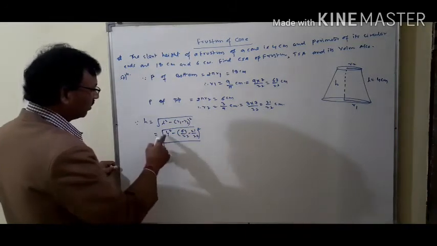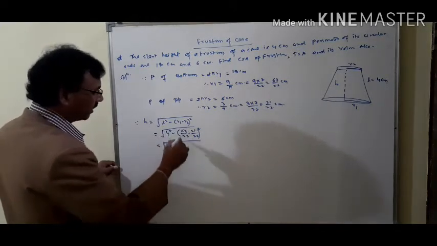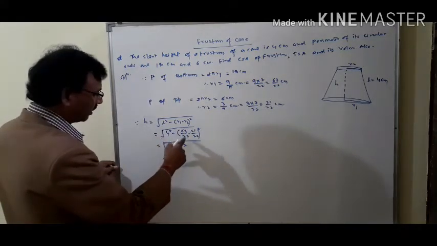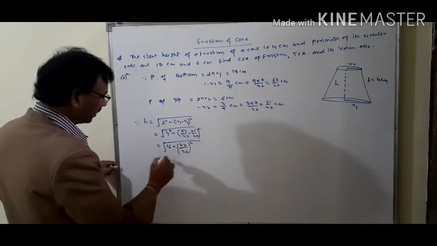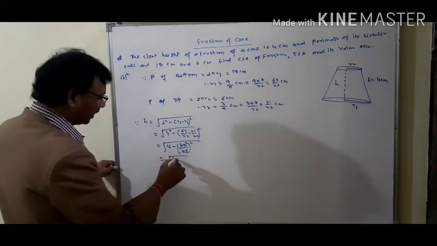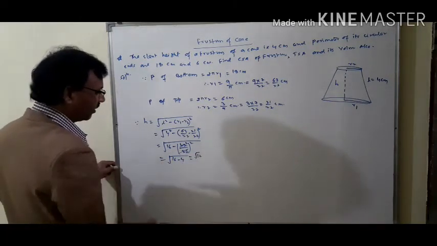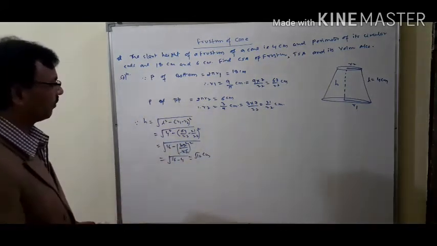This is root under 16 minus (63 minus 21, that is 42, upon 22) whole square. This will be 2 square, which is 4. So root under 16 minus 4 is root under 12 centimeter. This is the height of this frustum.